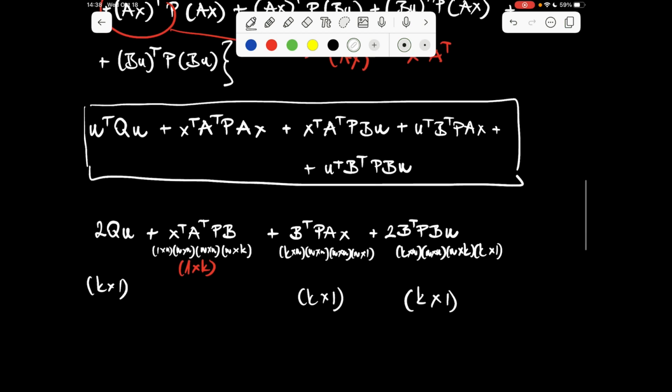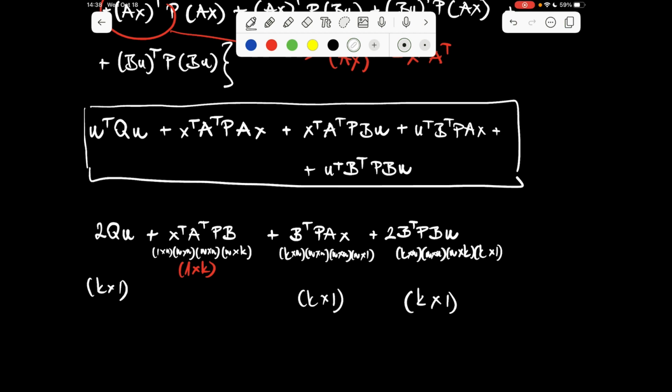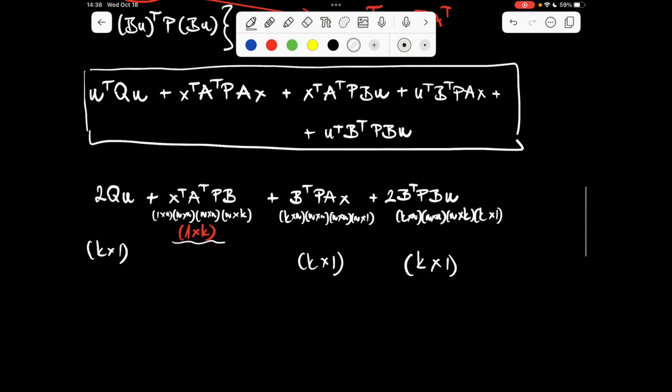So everything is k1 with one exception. So properly written, we have the following. We need to transpose the second part. We are just transposing the second part. Okay?